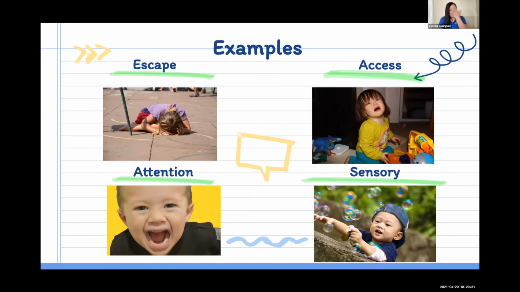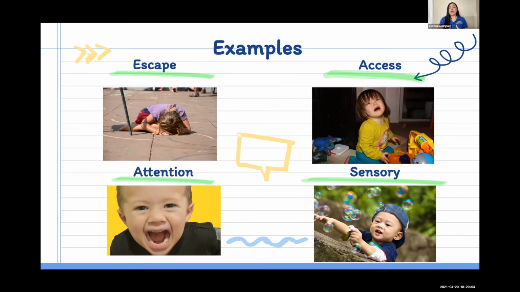So we'll start with the escape one. In the picture on the top, the little girl is laying on the floor because she no longer wants to participate in this activity. So with her, if we teach her something as simple as signing all done, she replaces that behavior with something that's more appropriate, and she no longer needs to throw herself on the floor. Now she simply signs all done.